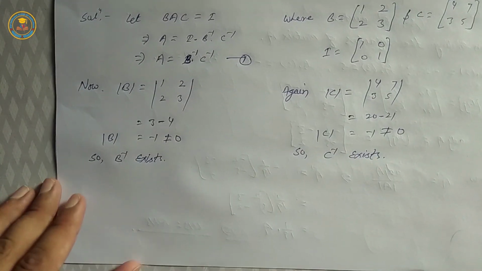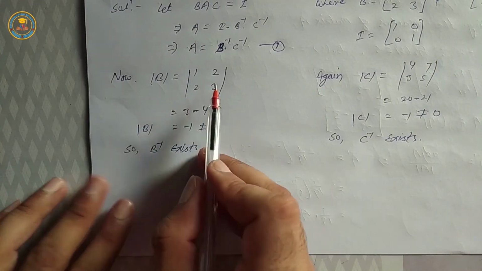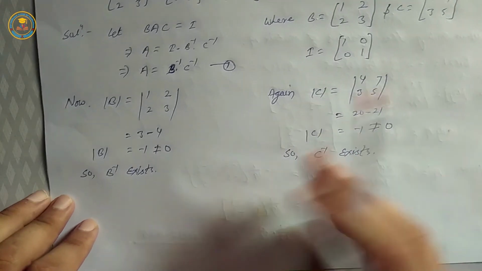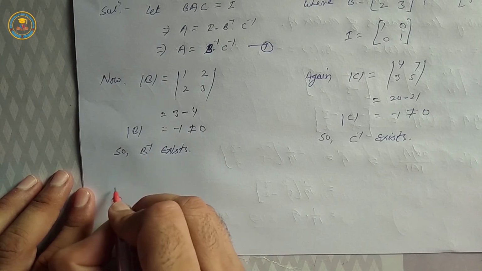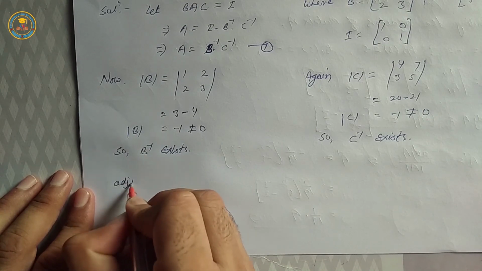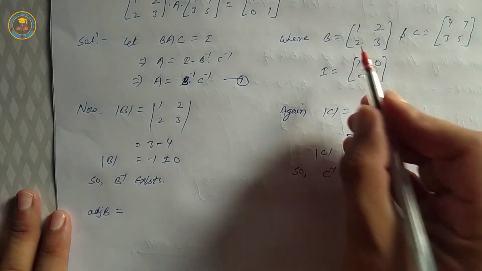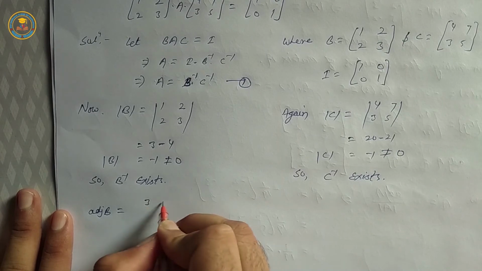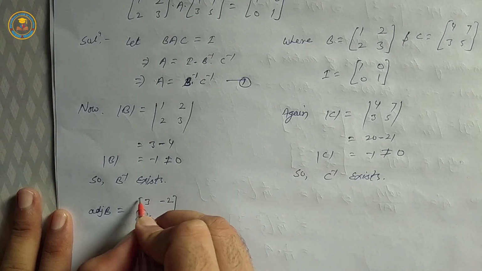Okay. Next, adjoint B. Order of matrix B is equal to 2 by 2. Order of matrix C is equal to 2 by 2. Direct adjoint A, adjoint B. Adjoint B is equal to 3, -2, -2, 1, by interchanging 3 and 1 and changing the sign of 2.